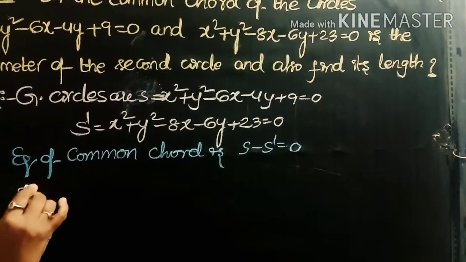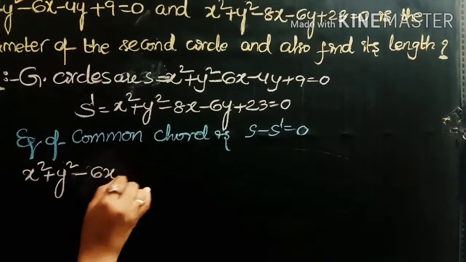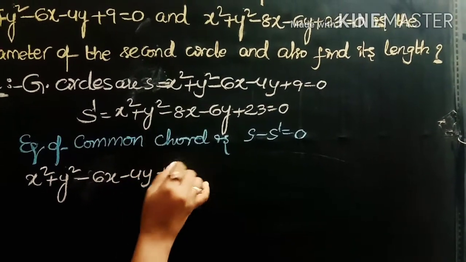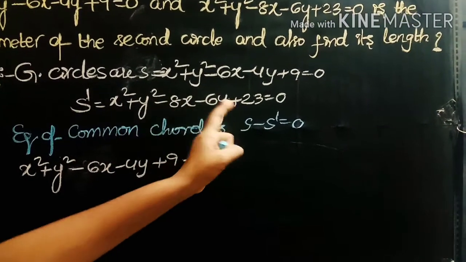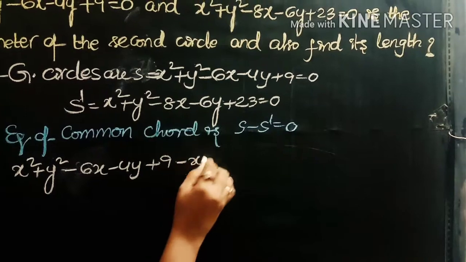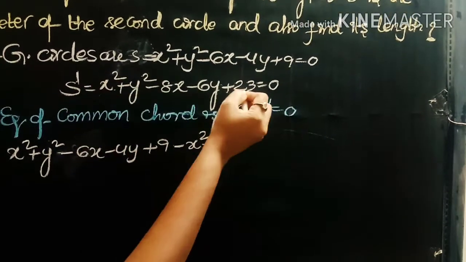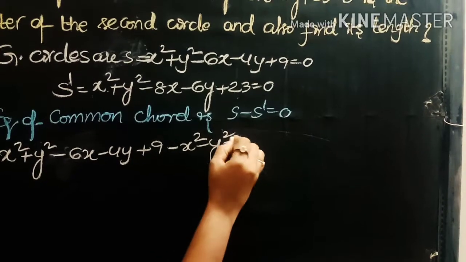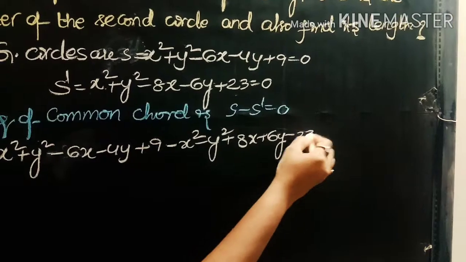That is x square plus y square minus 6x minus 4y plus 9 minus S dash, that is minus of the total value, means changing the signs of all these terms: minus x square minus y square plus 8x plus 6y minus 23 is equal to 0.